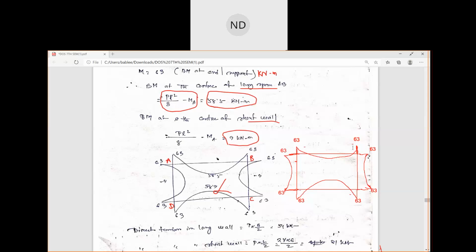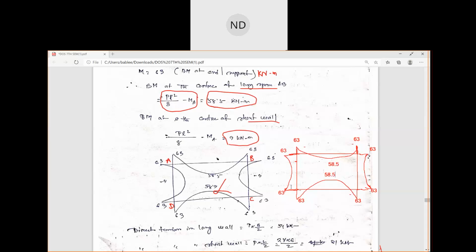And what was the center at the longest one? This is the longest span, 6 meter, and this is the 4 meter. Now here it is 58.5, here also 58.5.